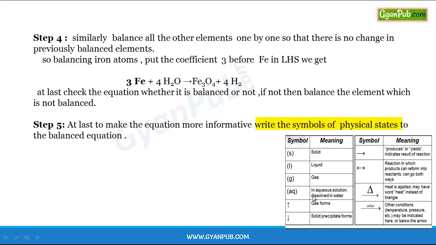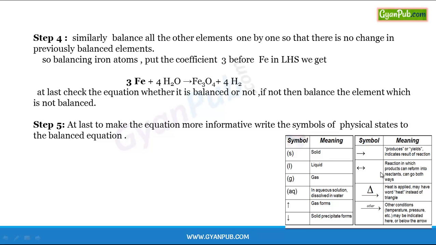For gases which are evolved, the upward arrow should be used, and for a precipitate which forms, we need to use a downward arrow. For symbolizing the reaction from reactants to products, we need to use an arrow pointing right, which means produces or yields.